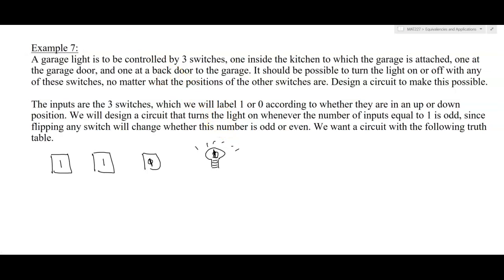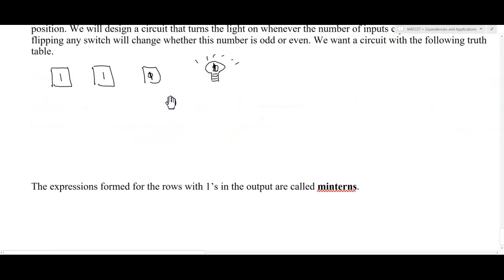So let's go ahead and design that truth table. And here's what our truth table will look like, and we'll build the circuit for it. So we'll have our 3 signals. I'll use S1, S2, S3 for these 3 switches. And now we want to build this truth table for S1, S2, S3.